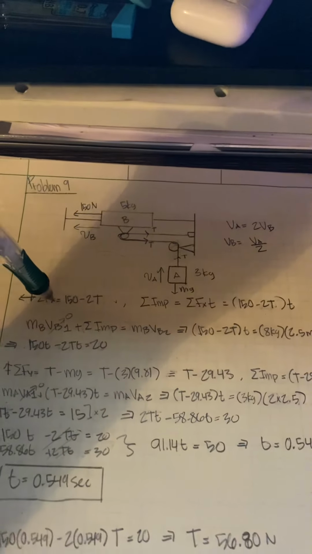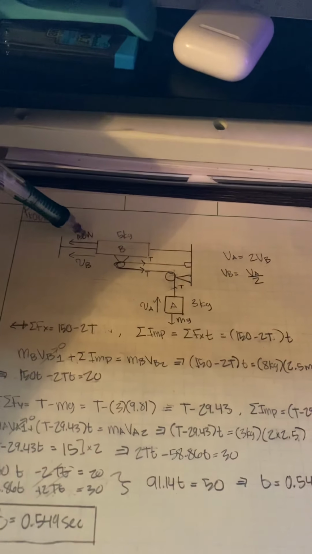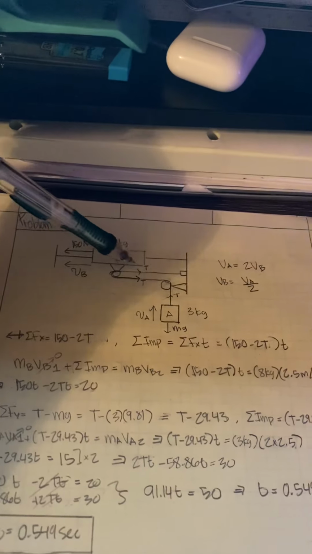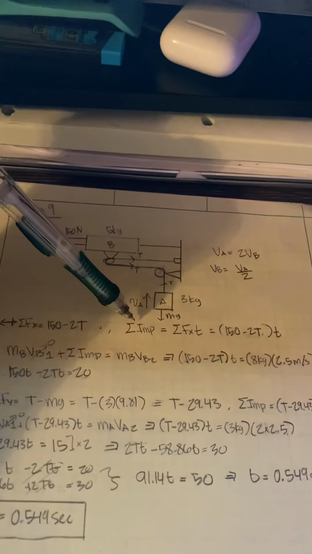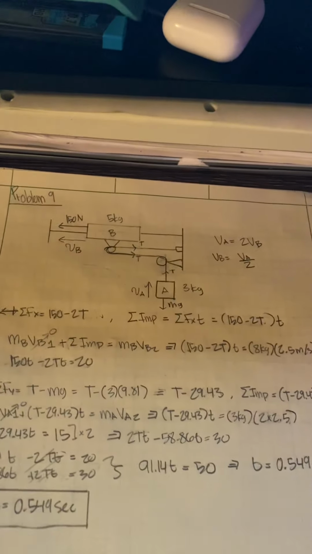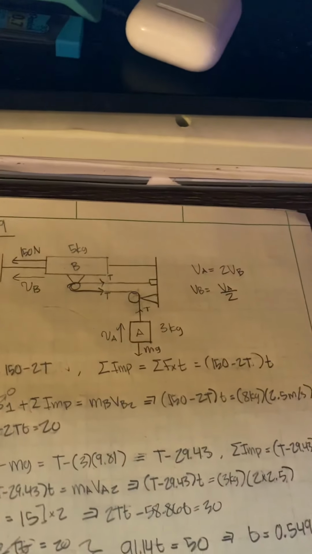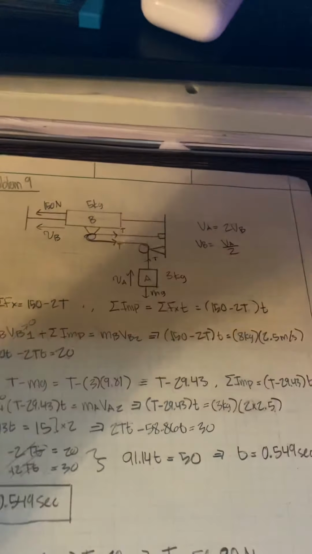Get the sum of forces in the x direction. I did the positive going this way over here. So you get 150 newtons minus 2T, 2 tensions. So this will be our impulse times time.